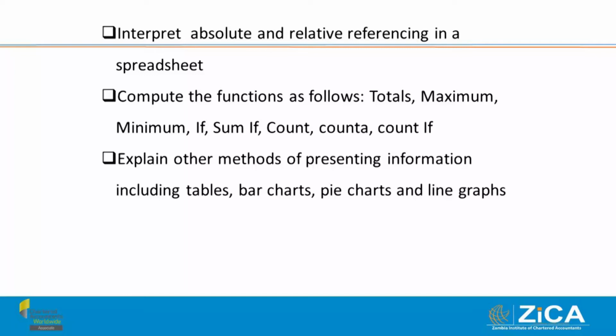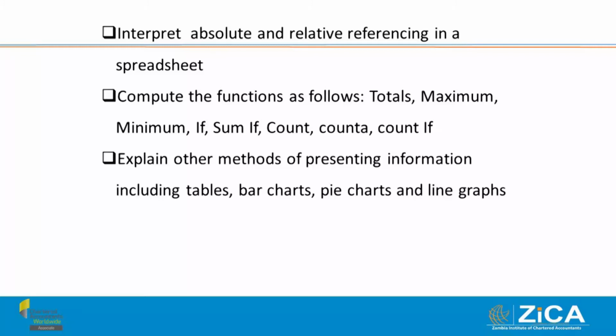Compute the functions as follows: the totals, the maximum, the minimum, the if, the sum if, the count, the count if. Explain other methods of presenting information, including tables, bar charts, pie charts, and line graphs.